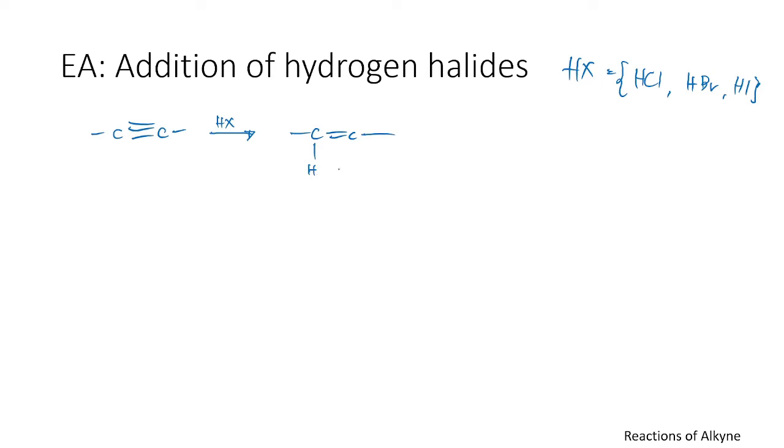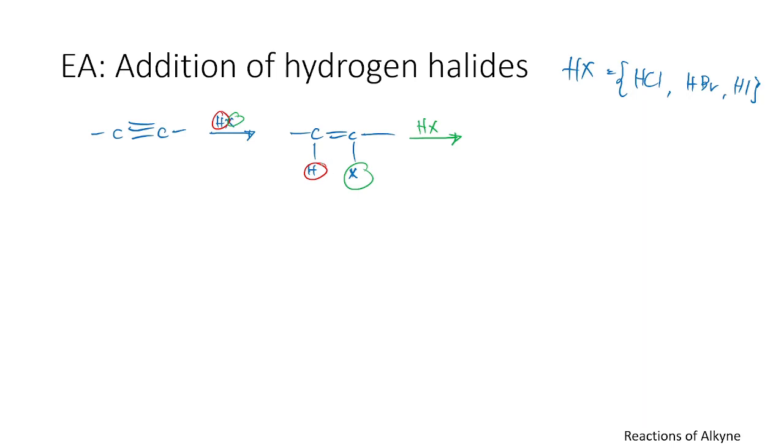We will have our H and our X. Just to note, we have here our H and we have here our X. Okay? So what will happen if we add another set? It will just follow the reaction of our alkenes.